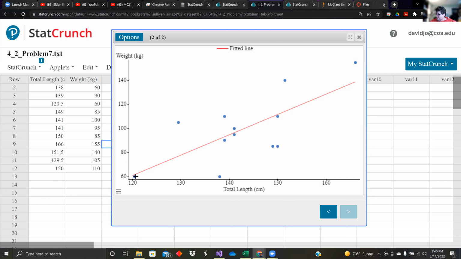So 60 is maybe right there. And 150, let's see, 30, 60, 90, 120, 150. And the X values go from 120 to like 170. So maybe I'll do every 50 here on my X values. And I got 60 and 120 there.